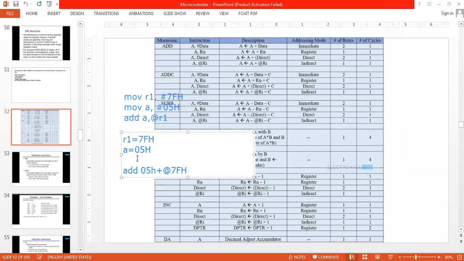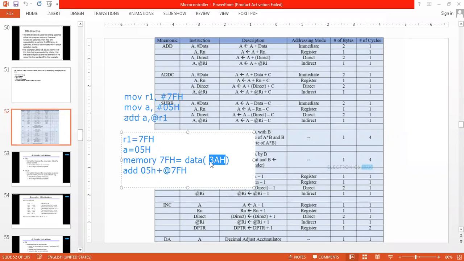I will consider the memory location 7FH is equal to some other data like 3AH. This is a memory location, memory 7FH, and the data is 3AH. Okay, so now after execution of this instruction, what will happen?